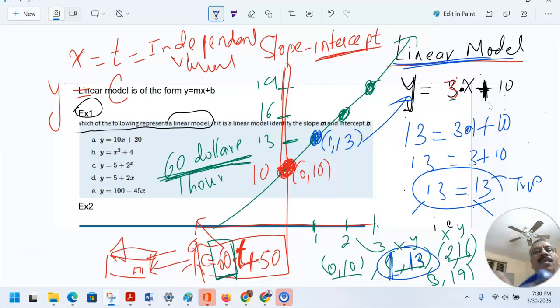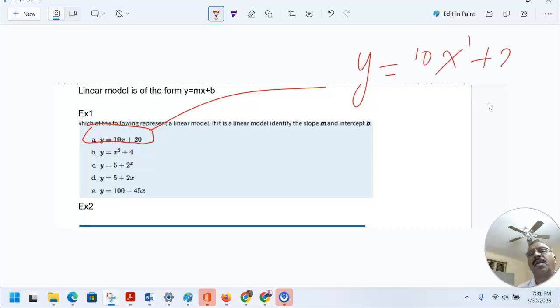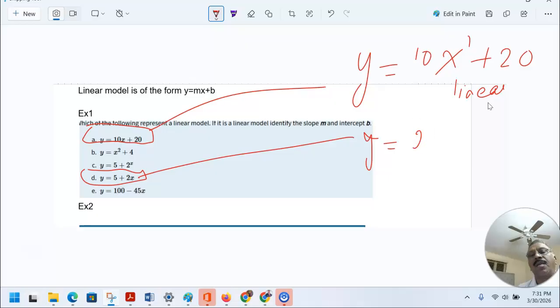Now, if you see problem number 1 that they gave us here, this piece is y equals 10x raised to 1. So this is linear. If you see this piece, even though they gave it differently, we can rearrange the terms and write 2x first and then plus 5. So again, this is linear.